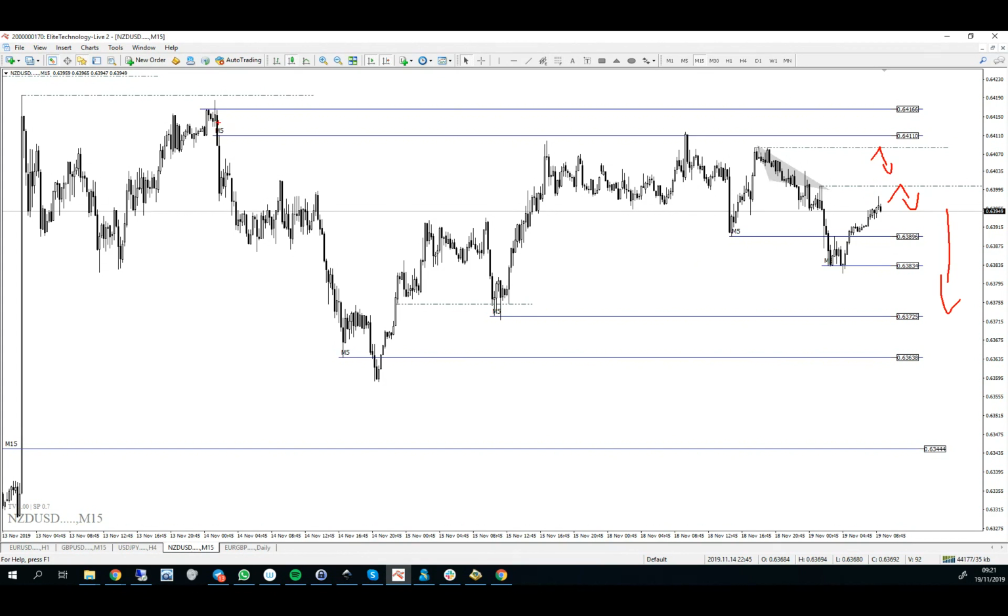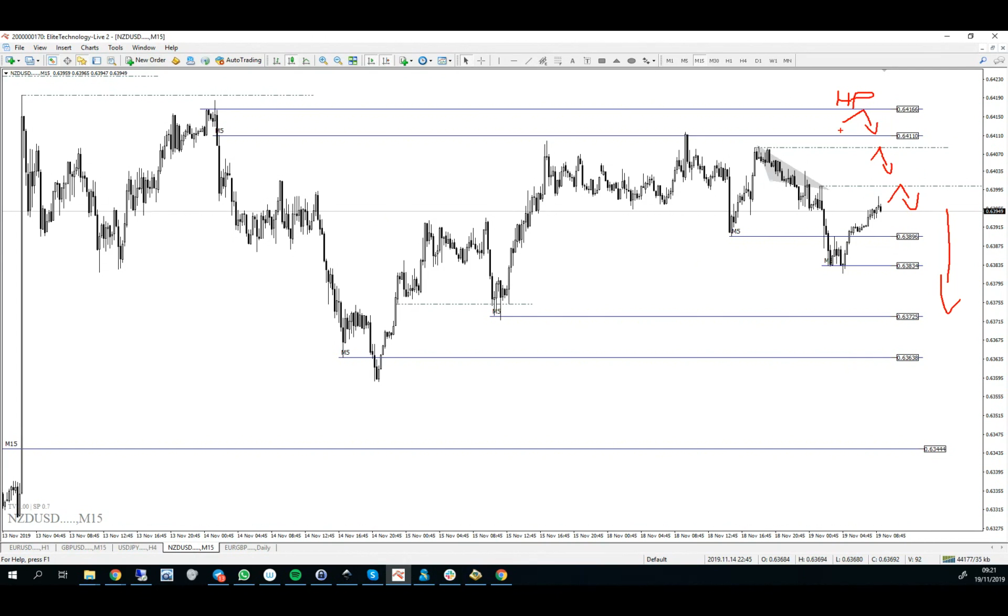We can also wait for price. If price goes higher, we can also sell here, and this would be the highest probability entry to sell this consolidation area for the kiwi.